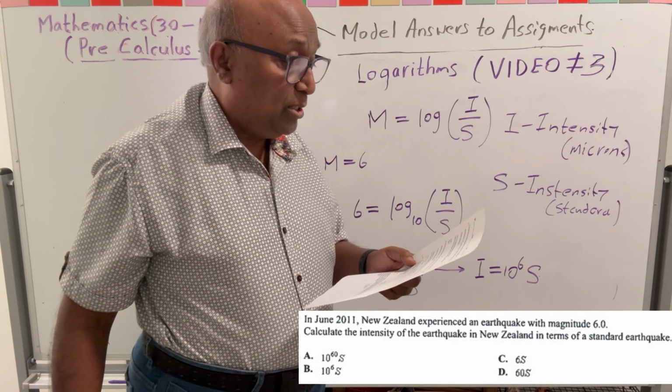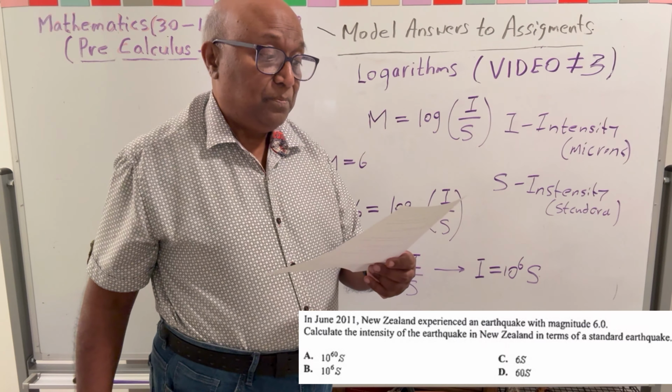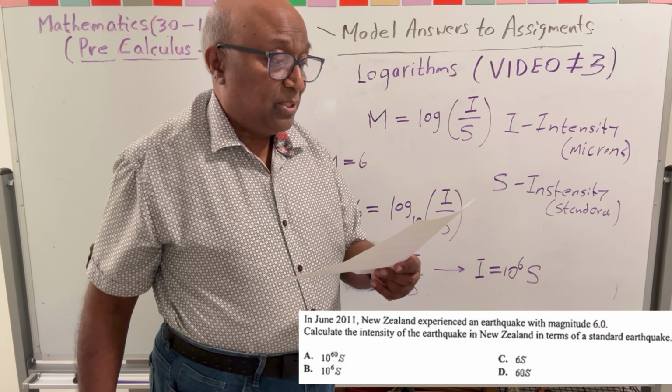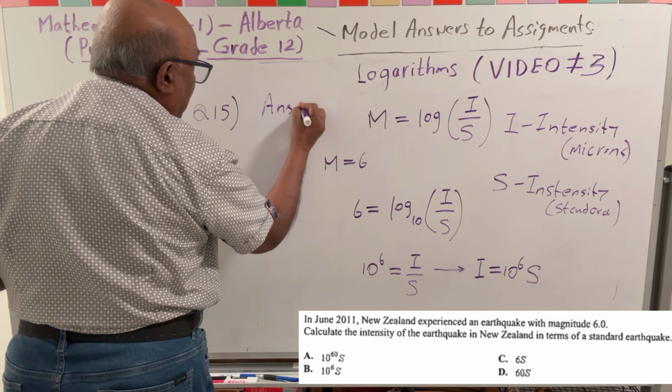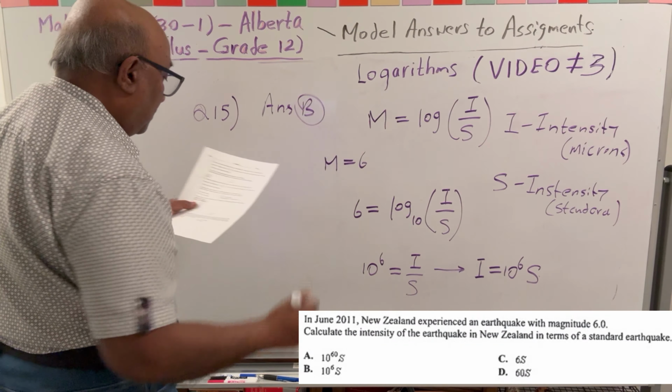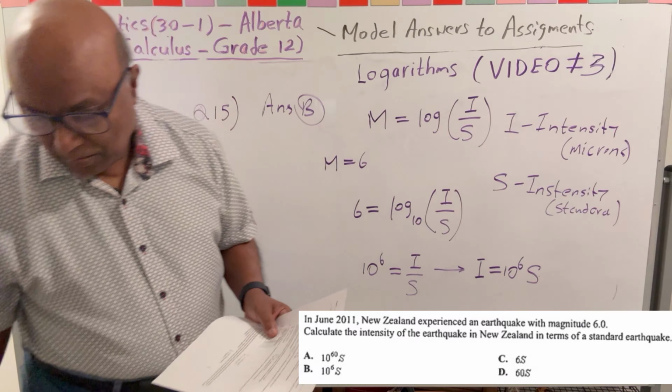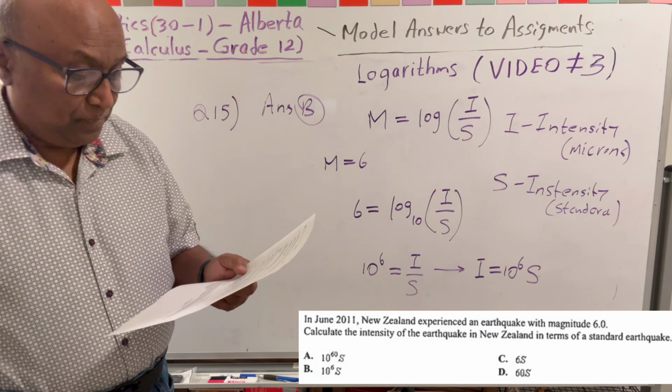We can stop this question. 10 to the power 6, this is answer number B. Okay, that is done.